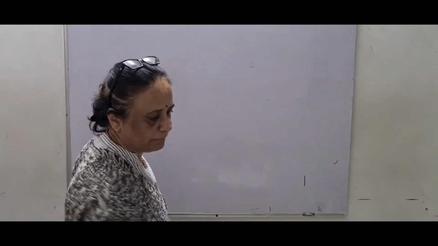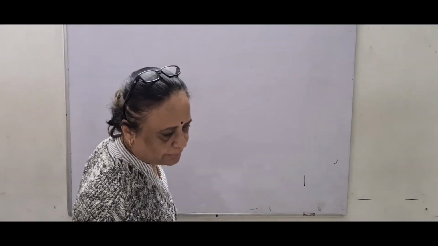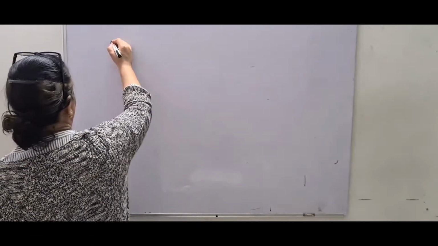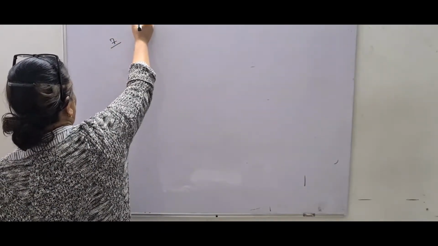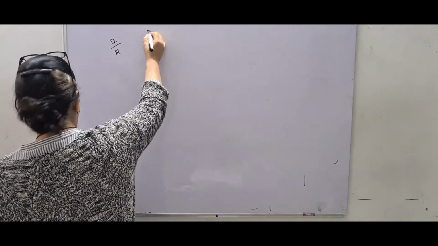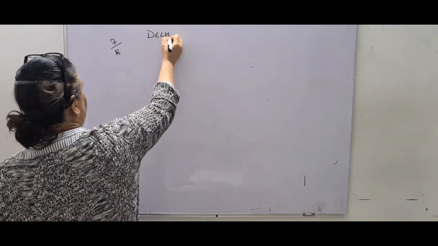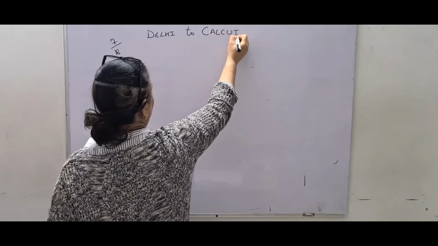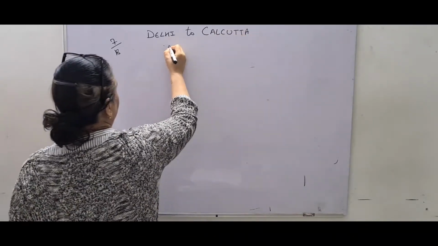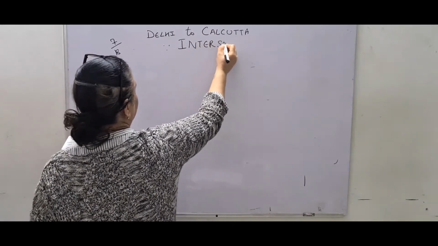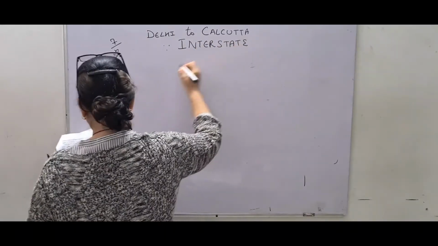Question number 7, exercise 1B, and the page number is of course 18. So first of all, you write Delhi to Calcutta. This all you are doing for yourself so that you do not make any mistakes. Therefore it is interstate. See how I am writing. This is the way you are also going to follow.